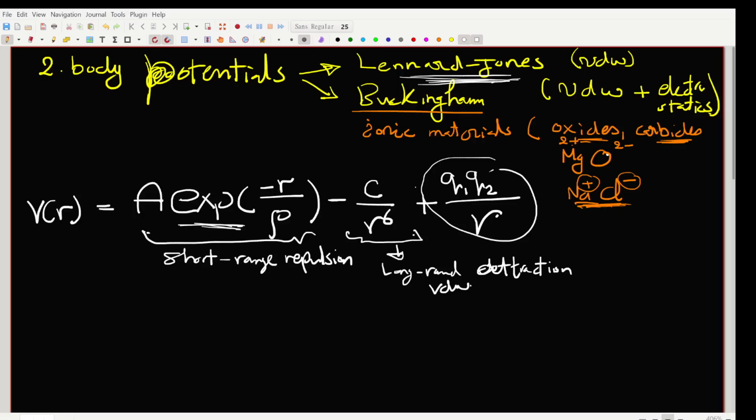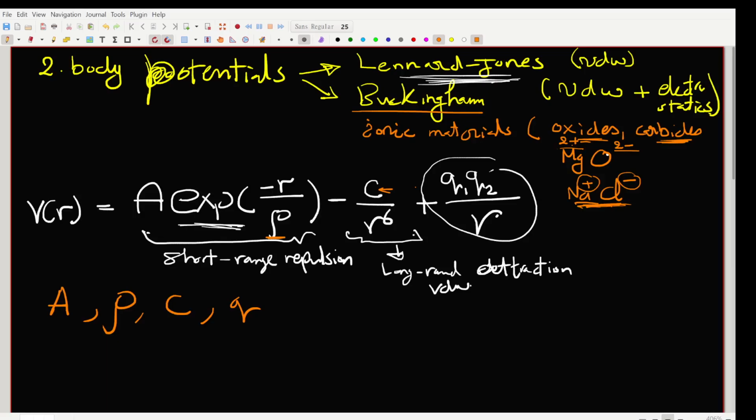What are the fitting parameters? Suppose you want to develop a Buckingham potential for a certain ionic material. What would be your fitting parameters here? So the fitting parameters will be A, rho, this little c here, and actually Q. So you need to fit A, rho, C, and Q. Q is not necessarily the formal charge from chemistry, like +2 for magnesium or 2- for oxygen.